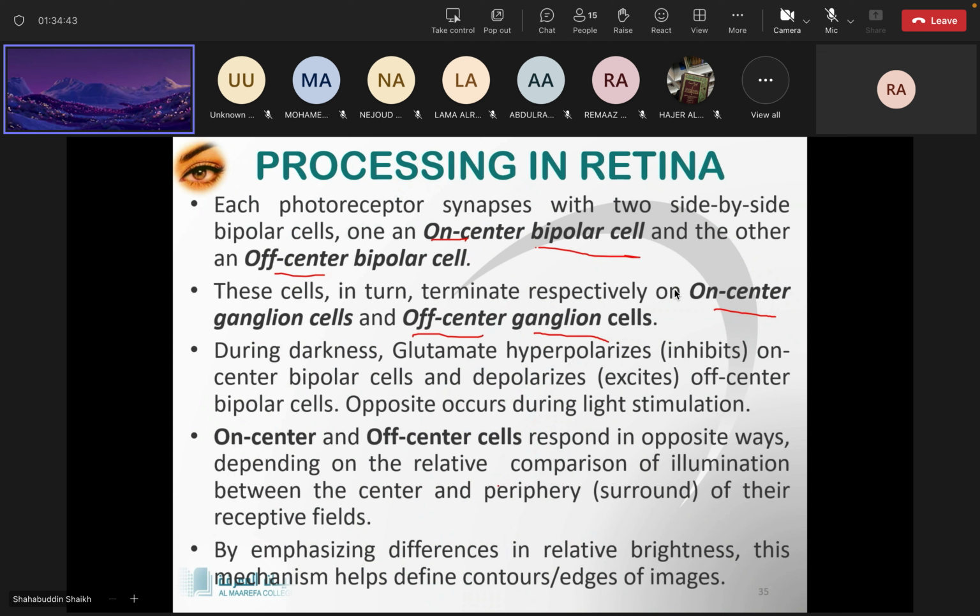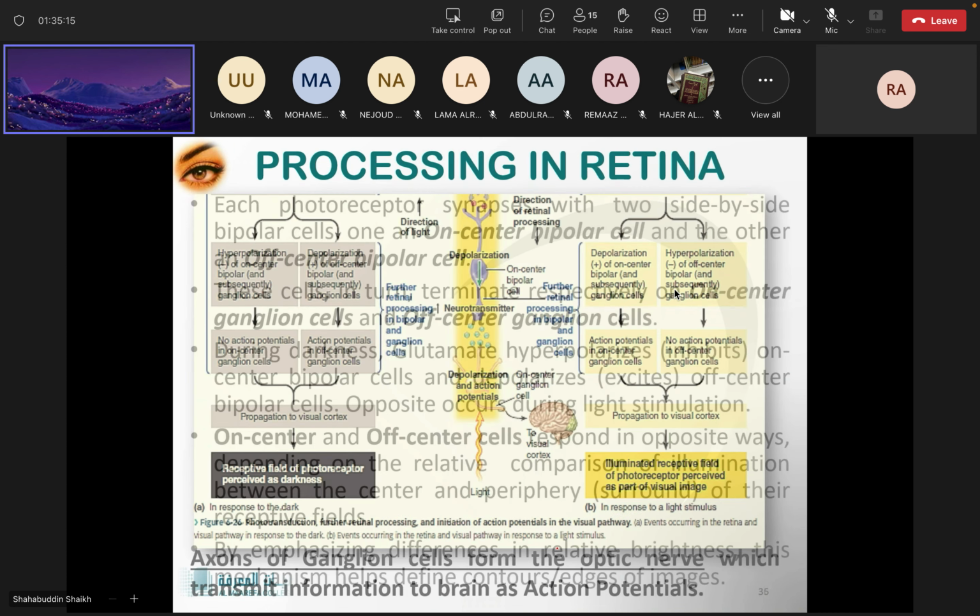This is all done by the supporting cells, that is horizontal and amacrine cells. This mechanism is used to increase the sharpness of vision, brightness of vision, and create contrast. This is the purpose of all this activity. Again, I repeat, for your exam, remember bipolar cells can become on center or off center, and ganglion cells can become on center and off center. This is all you have to remember.